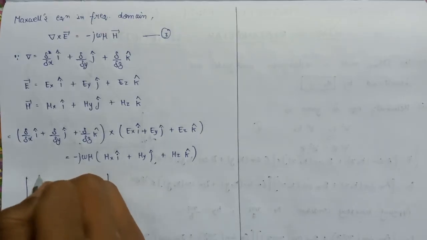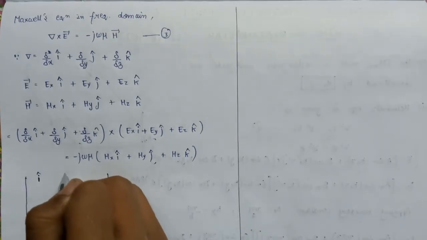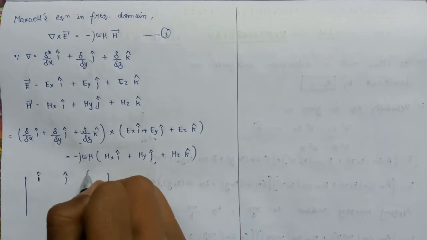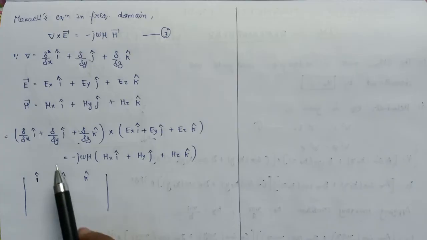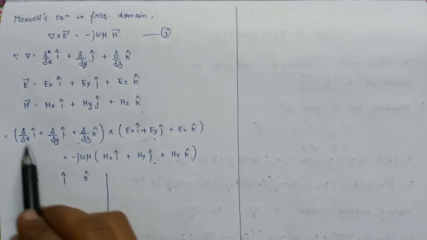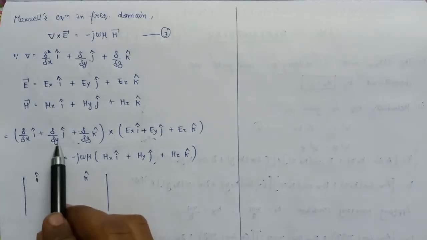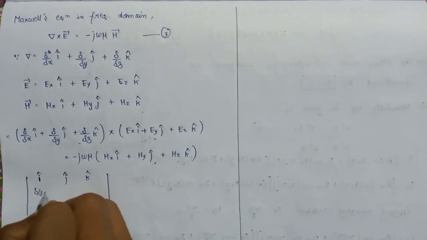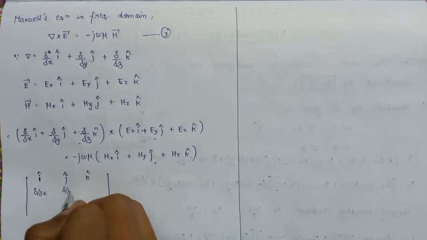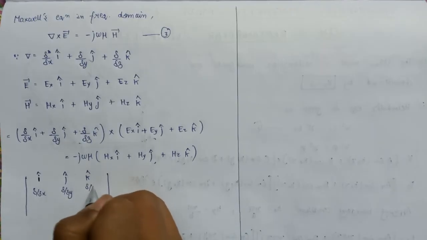So this is the component for i cap, this is j cap, this is k cap. Now we have to write the coefficient of i cap, j cap and k cap. So here are the coefficients of i cap, j cap and k cap, that is del over del x, del over del y, del over del z.